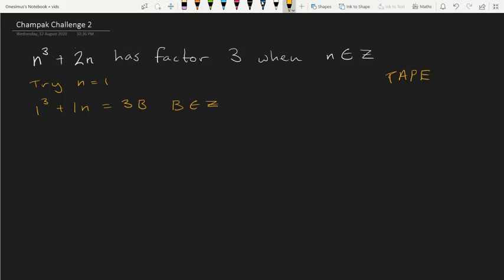Now, 1 cubed is 1, plus 2, it's going to equal 3b. So 3 is 3b, and because 3 cancels from both sides, 1 equals b, and 1 is an integer, so that works out. It works for the trial step.